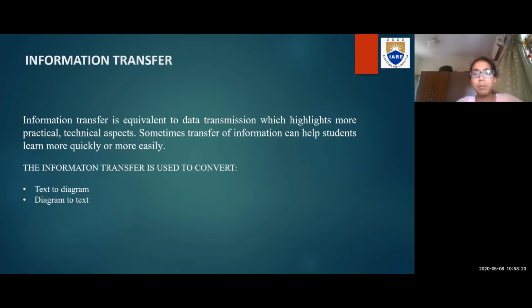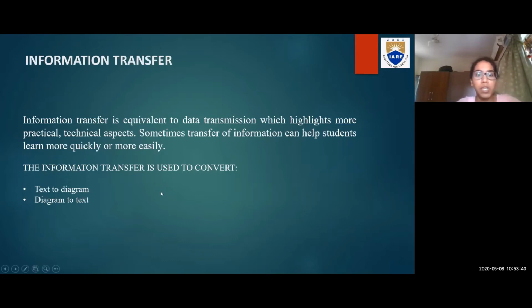Reading paragraphs at a stretch is a more time-consuming process, whereas when you transfer your information, it is more easy to understand and it takes less time to understand. So it is not as time consuming as the latter one.